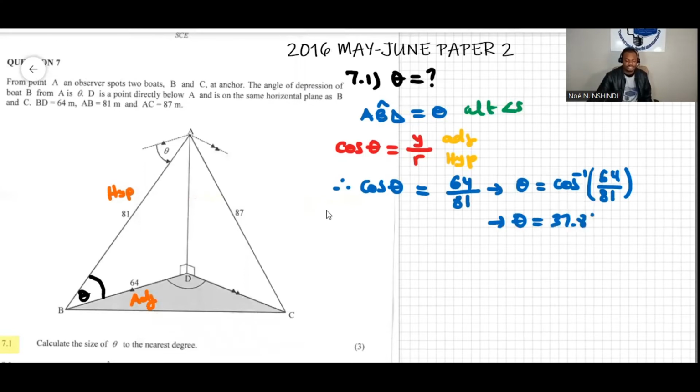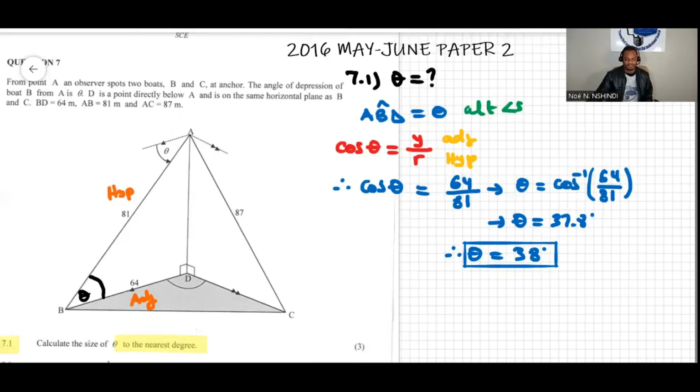The question has a condition here. It says to the nearest degree. So we can say therefore theta is equal to 38 degrees. That's the value of theta.